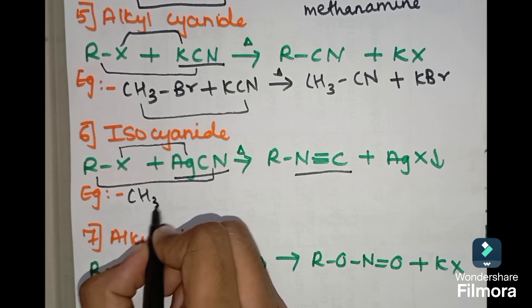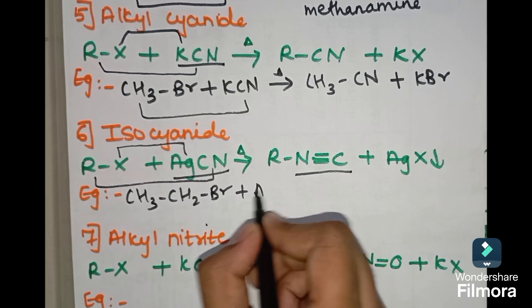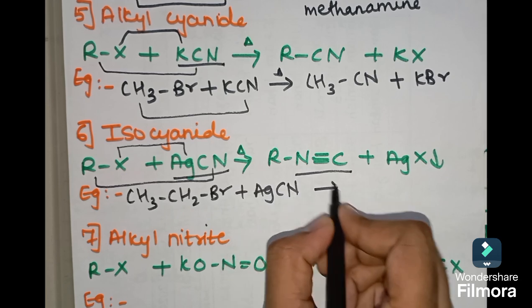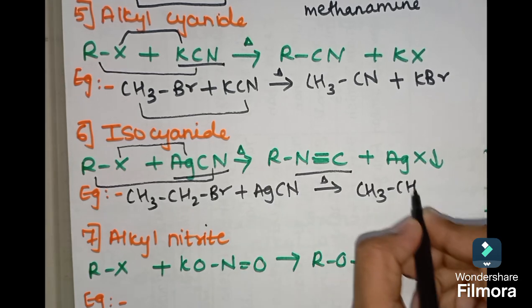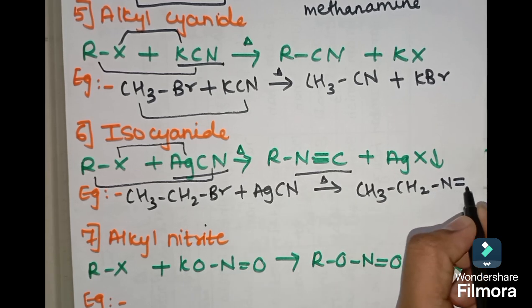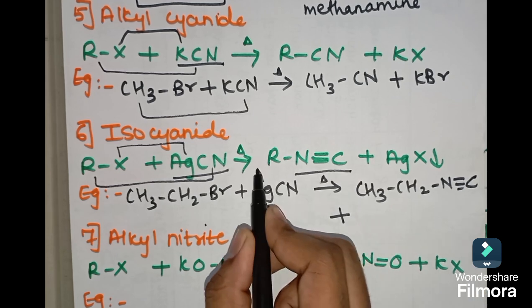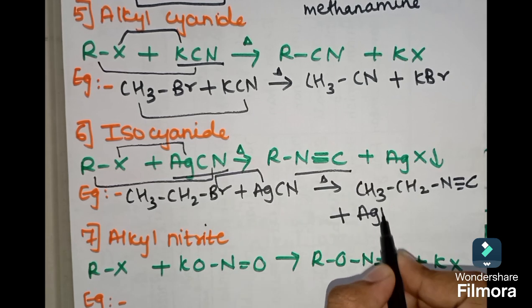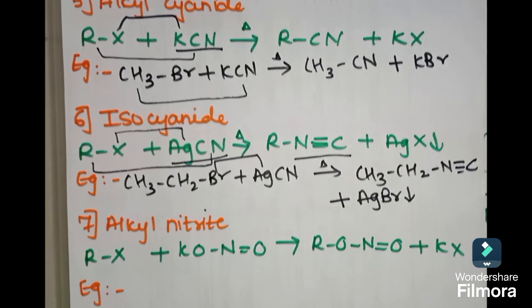So let's do an example over here, CH3CH2Br, that is ethyl bromide, and now I am heating it with silver cyanide. When this reaction takes place, the ethyl group will combine with this CN and it will form isocyanide. You have to show a triple bond over here, plus AgBr will also get formed, and it will be a precipitate. So this was the formation of isocyanide.